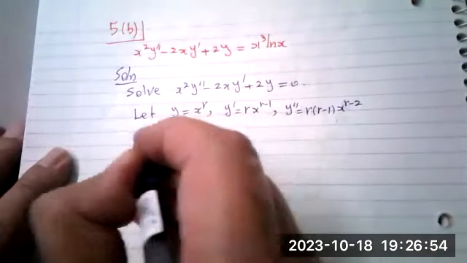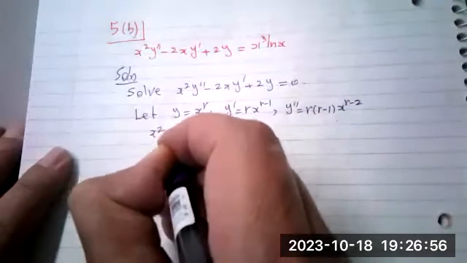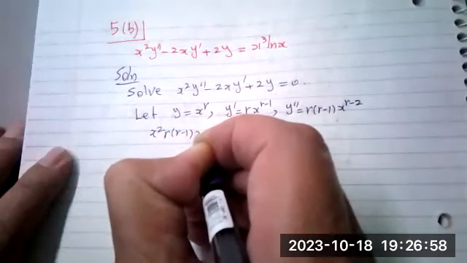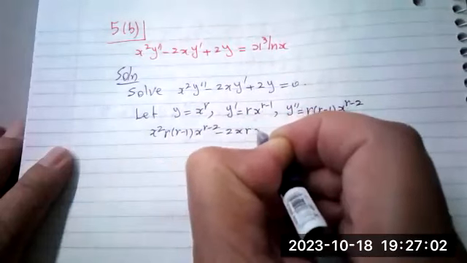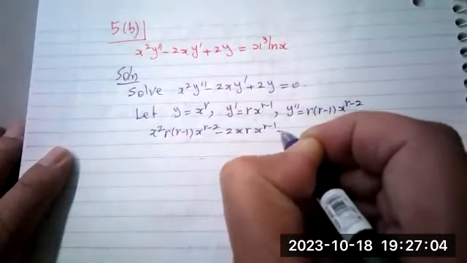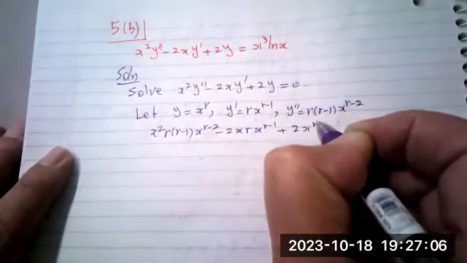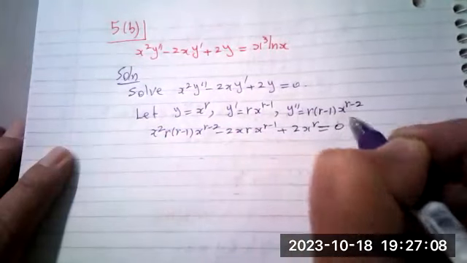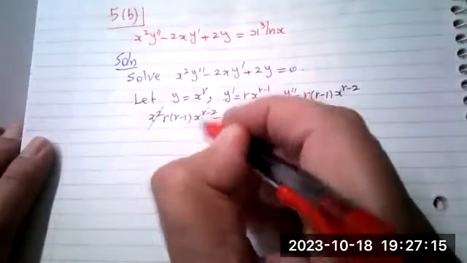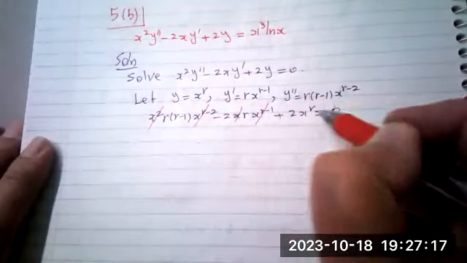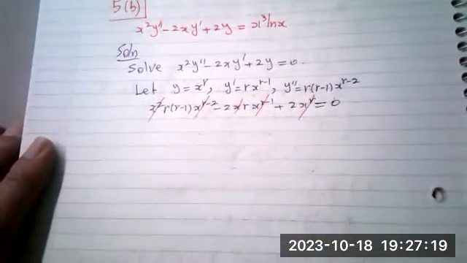Are you ready? Substitute. What's going to be the result? x squared r times r minus 1 x to the r minus 2, minus 2x r x to the r minus 1, plus 2x to the r equal to 0. Drop all the x's, because all of them would be x to the r, and we divide by x to the r, remember?